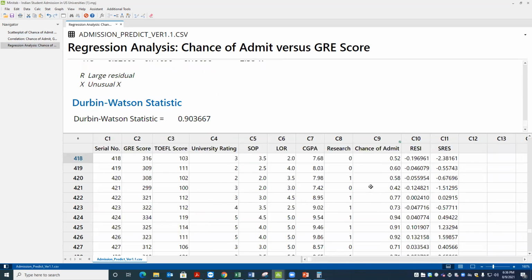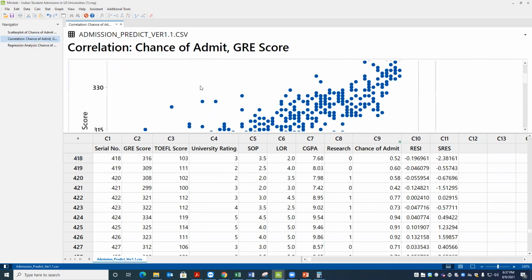Now what we have done is look at the residuals and standardized residuals. Are these residuals normally distributed or not? Why are we doing this? What is the residual?